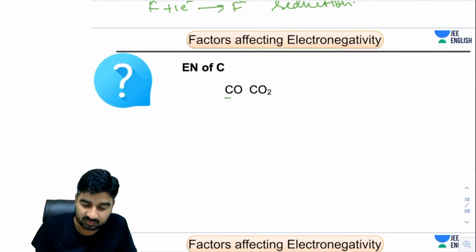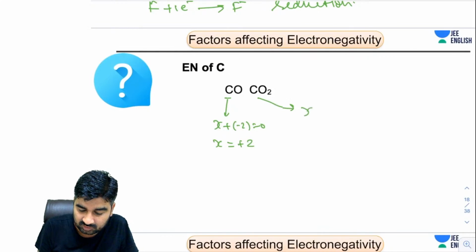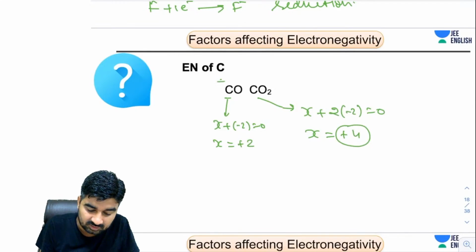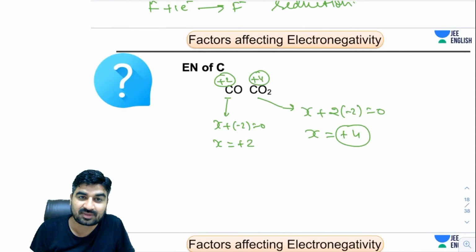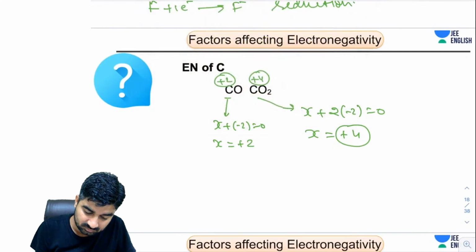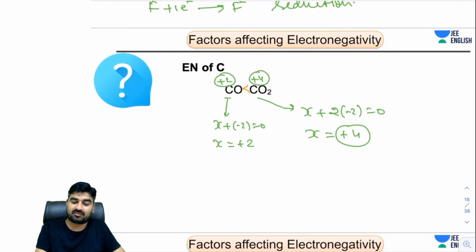Okay, let me tell you. If you calculate the oxidation state of this, it is +2. If you calculate the oxidation state of this, it is +4. So this is +2, this is +4. So the oxidation state of carbon in CO2 is more. So here one point is clear: if I am writing C, it has different electronegativities in different environments. If the environment changes, the electronegativity of C also changes.